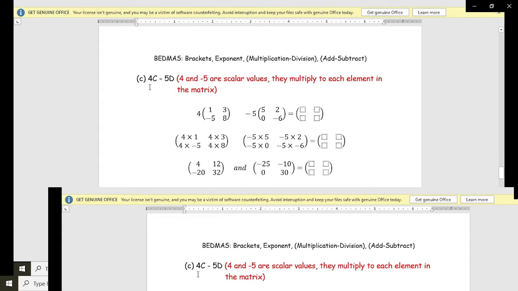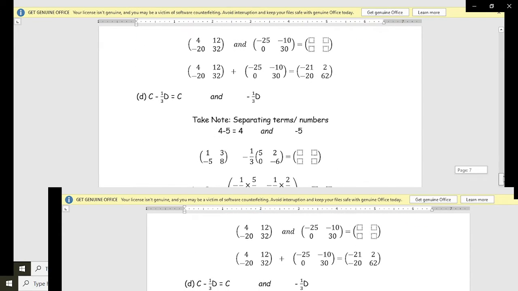We have 4C and we have a minus 5D. So we work out the 4C, we work out the minus 5D, and then we bring them together. So technically that is what is going on in that question. Always remember, if you have two numbers side by side like 4 minus 5, yes, you can say 4 subtract 5 is -1.